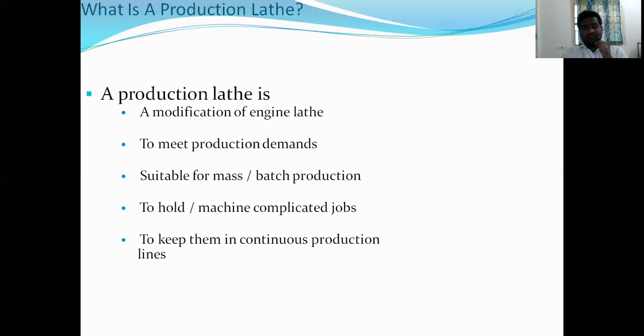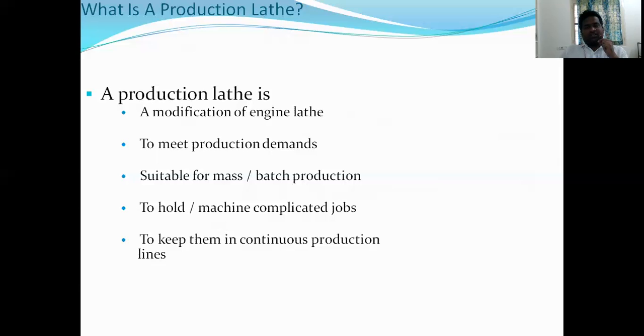But for mass production, taking the same example, for 40 dia material only, all the workpieces are of the size of 40 only. That is called mass production. Why are we making this point? Because a production lathe is a modification of the engine lathe, made to meet our production demands.